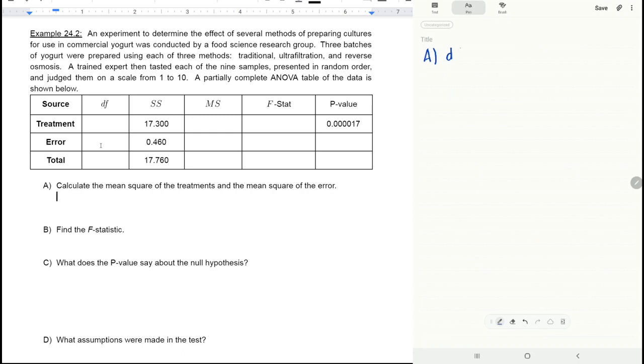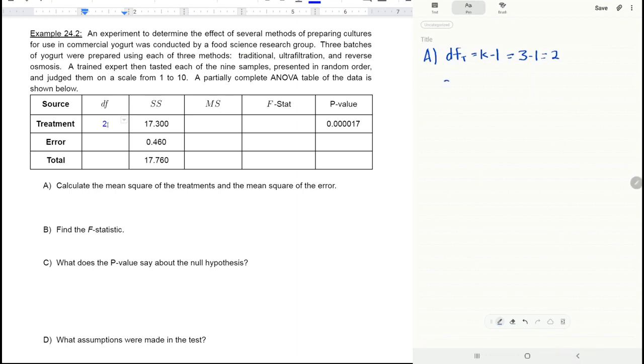The treatment degrees of freedom is the number of groups minus 1. So here the number of groups is going to be 3. We have 3 different methods that we're testing. So we have 3 minus 1, which gives us 2 degrees of freedom for the treatment.